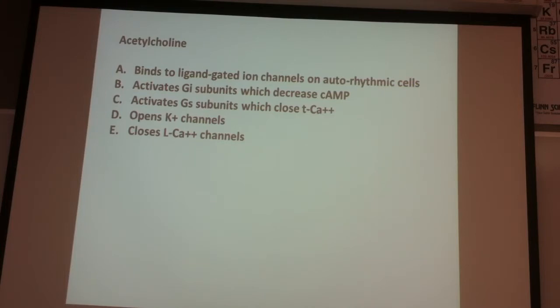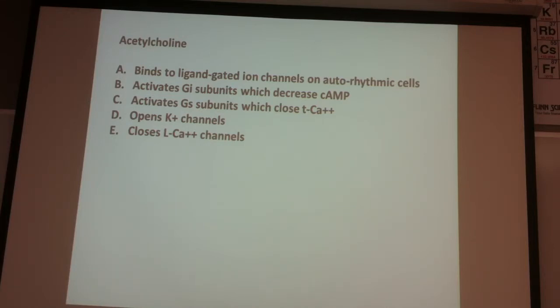Okay, acetylcholine. Does it bind to ligand-gated ion channels on our SA nodal cells? Ionotropic or metabotropic channels? Ionotropic.